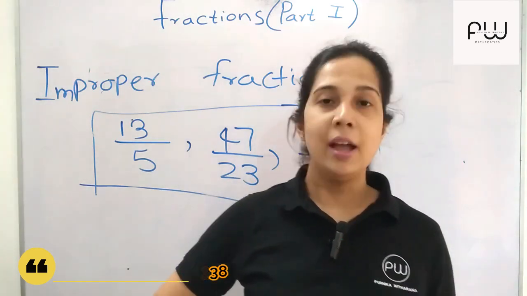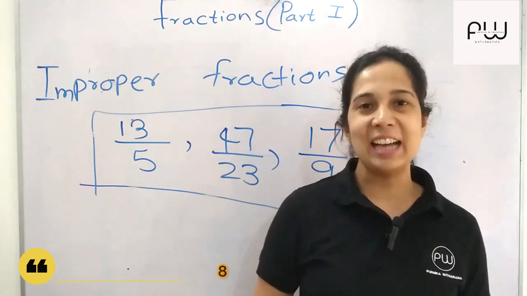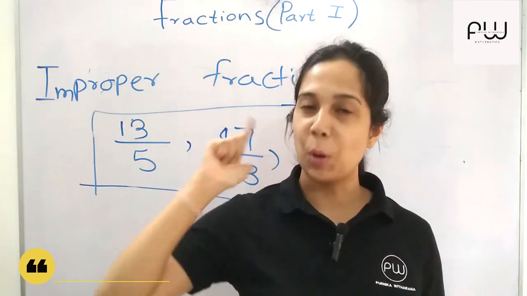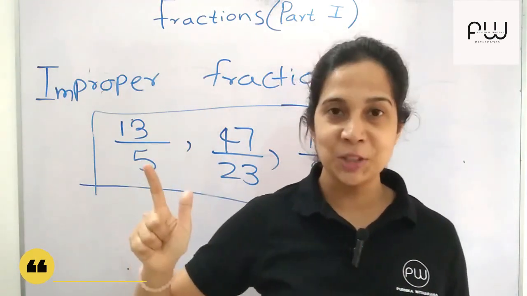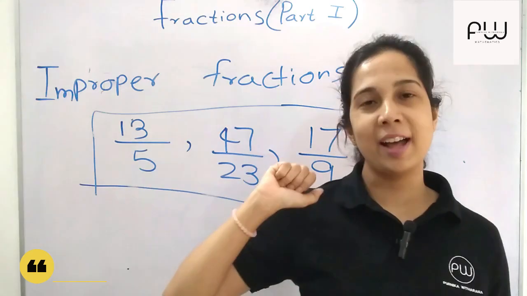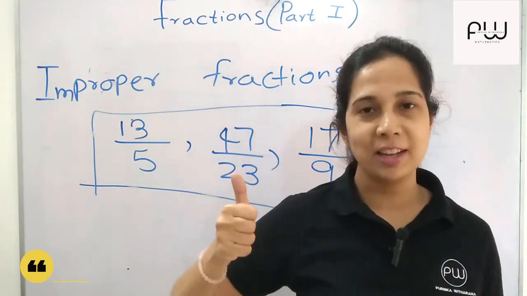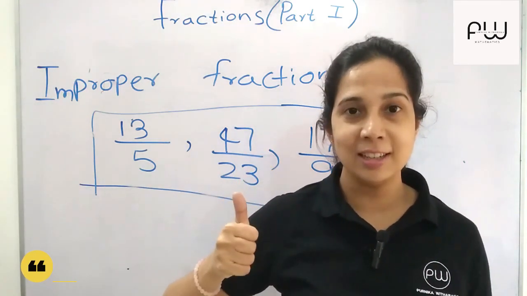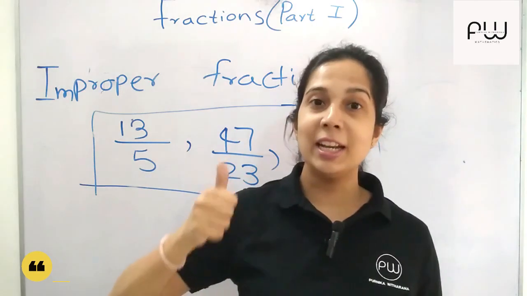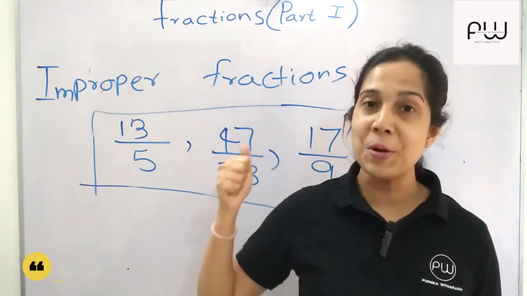Okay, now we discussed unit fractions, proper fractions, and the last one, improper fractions. A unit fraction is a fraction whose numerator is equal to 1.